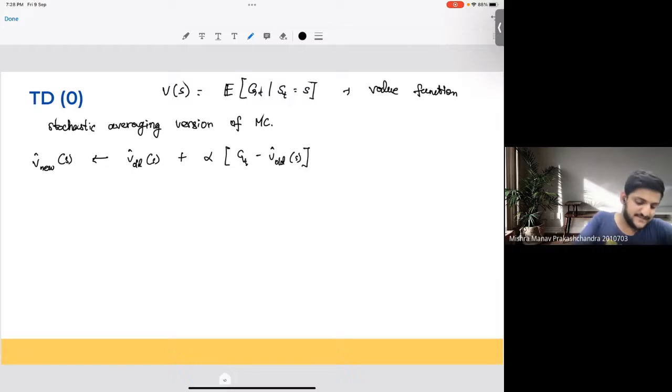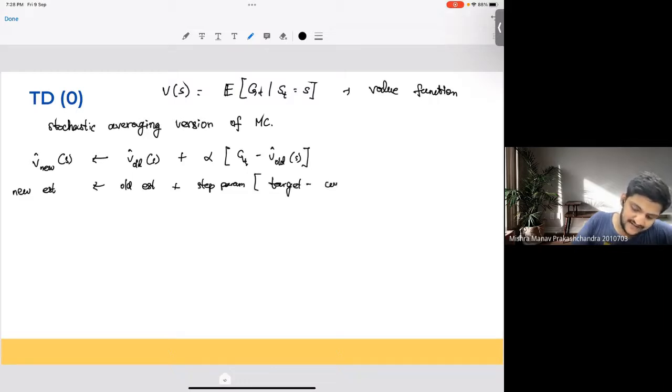So the new estimate is given by the old estimate plus some step parameter times the target minus the current estimate, or rather the old estimate.